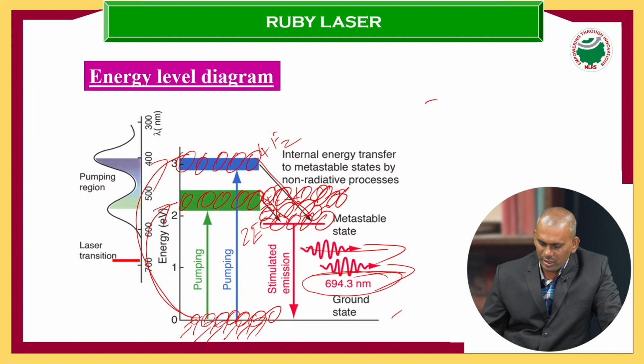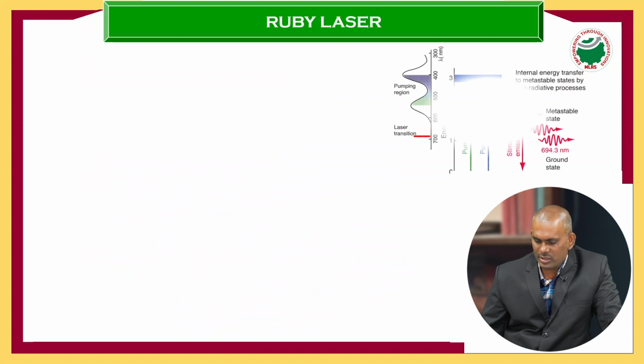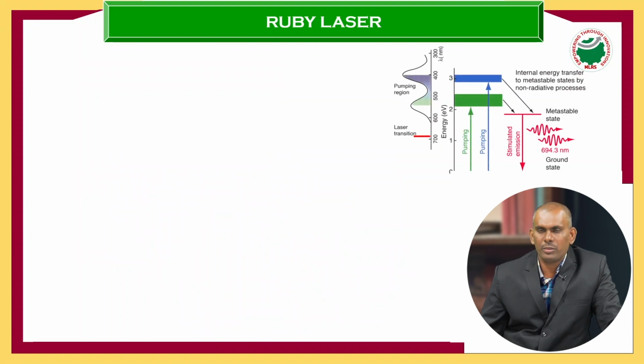Generally we get R1 and R2, two lines, 694.3 and 694.2 I think. From those, the highest value is 694.3. So that is the reason the output of ruby laser is considered as 694.3 nanometer.